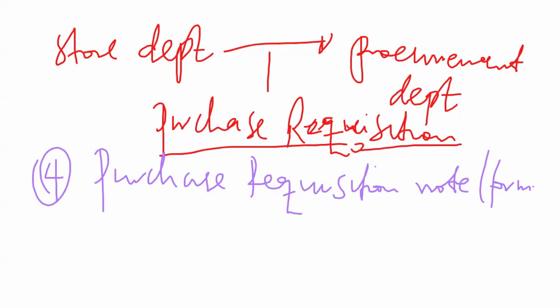Because if you are using the JIT system, there is no need for you to have a stores department, because at the end of the day, JIT system assumes you buy something when you need it. Like you've received the customer's order, you buy stationery, you finish the customer's order, and you buy what is enough, meaning you're not going to store anything. So you don't need a stores department.